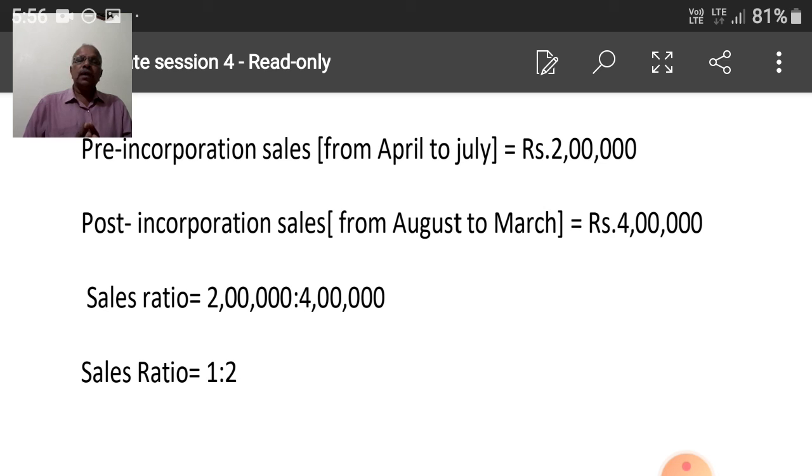The time ratio and sales ratio: some expenditure is allocated on the basis of time, some on the basis of sales. Gross profit is also allocated on the basis of sales. Selling and distribution expenses are also allocated on the sales ratio.